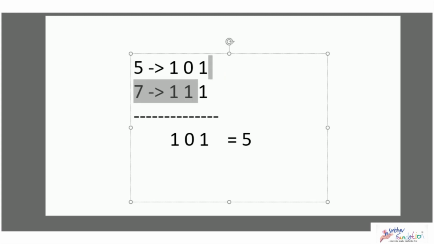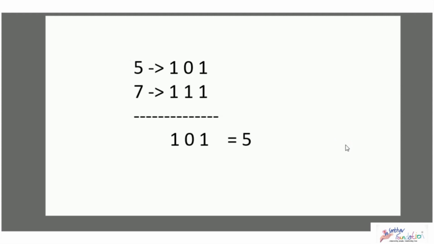So 1 and 1, the output is 1. 0 and 1, your output is 0, and then 1 and 1, your output is 1. So this way, digit-wise you perform your AND and get your output. Then this output is converted back into decimal representation. So this is how bitwise operators work. Instead of performing the operation on the total numbers, they convert them into binary and perform it bitwise.